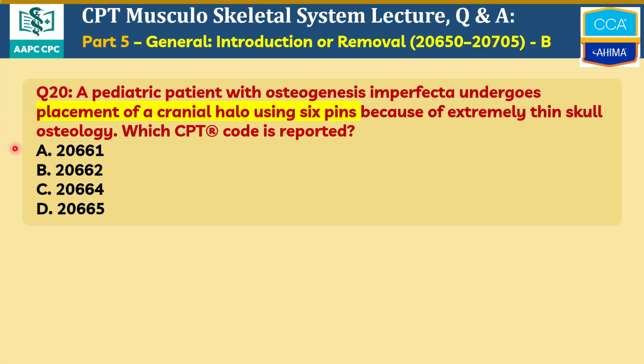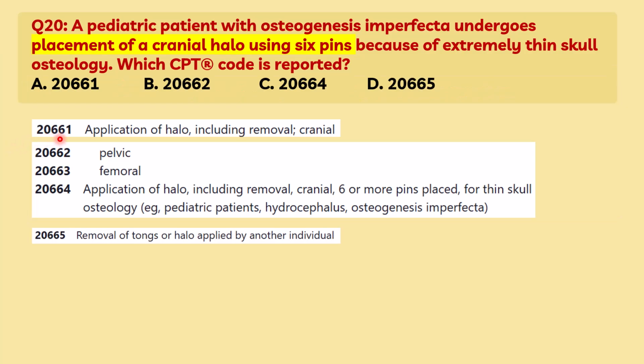So let's use the elimination method first. 20661 says application of halo including removal, cranial. 20662, you have to read like this, application of halo including removal, pelvic, then femoral. 20664 says application of halo including removal, cranial, 6 or more pins placed for thin skull osteology. So that is the case here, placement of cranial halo using 6 pins. So here the correct answer will be answer C.